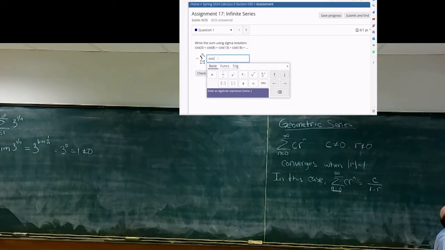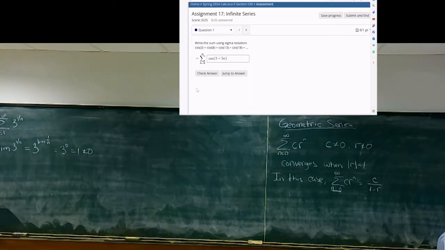But now cosine of what? 3 plus 5 multiplied by n. Only 5 is multiplied by n. 5n? Yeah. Yeah, that looks good. When n is 0, that's 3.